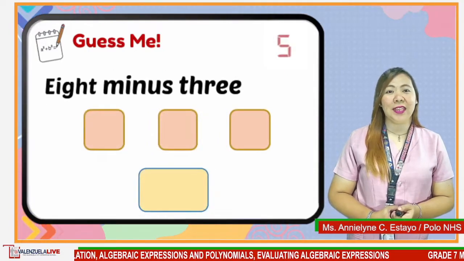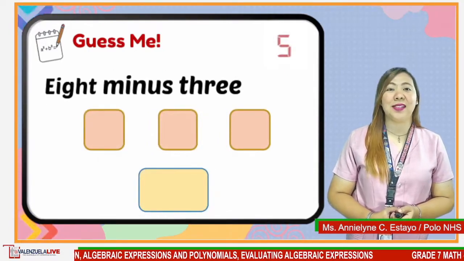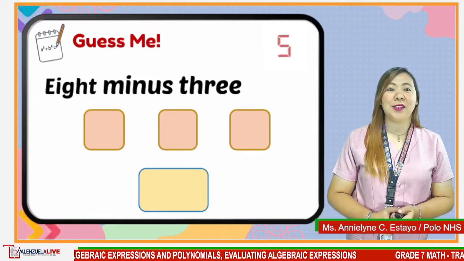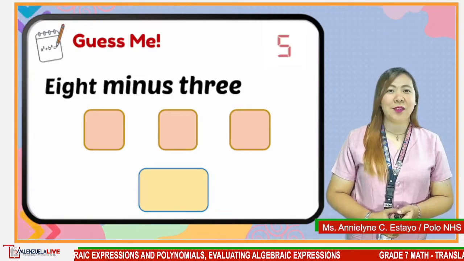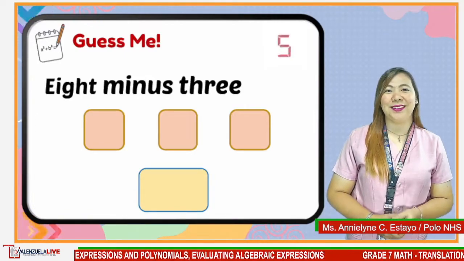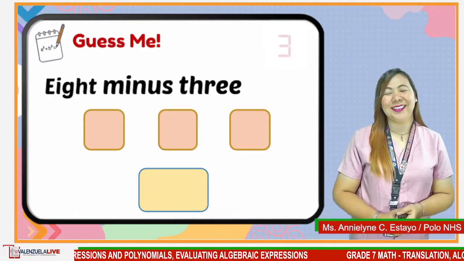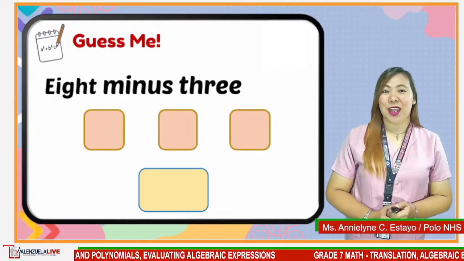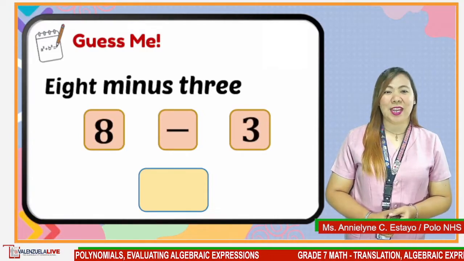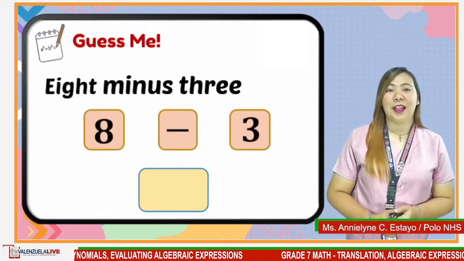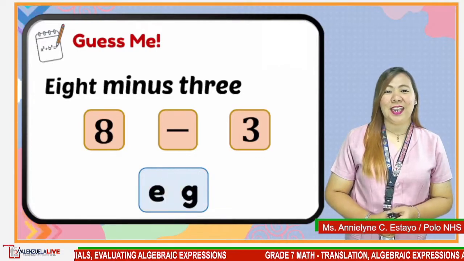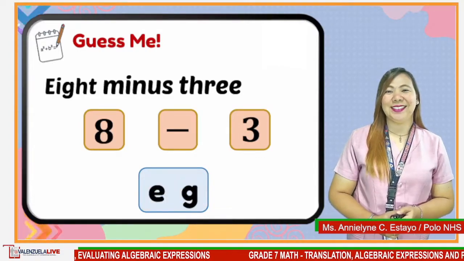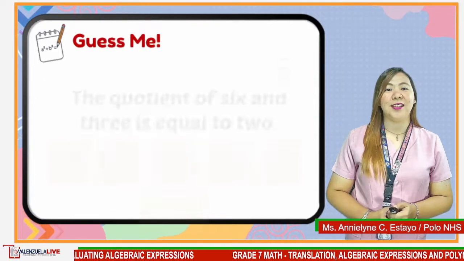Write 8 minus 3 using math symbols. Type your answer below. Your 5 seconds starts now. If your answer is 8 minus 3, then you are right. The letters are E and G. Let's have the sentence.